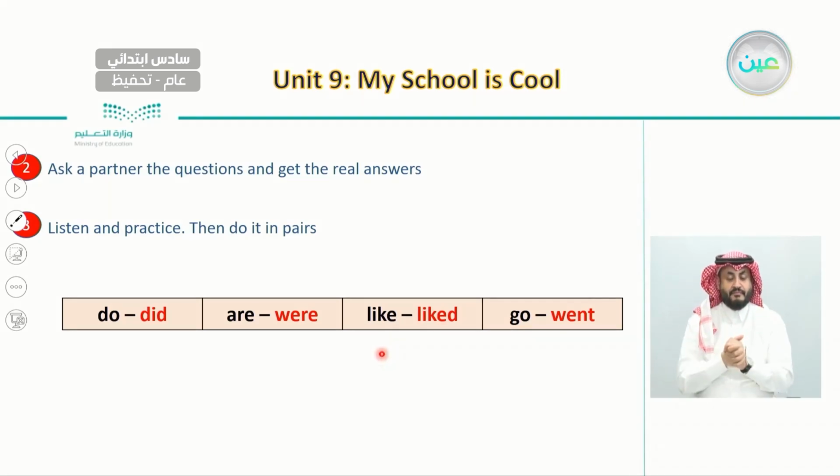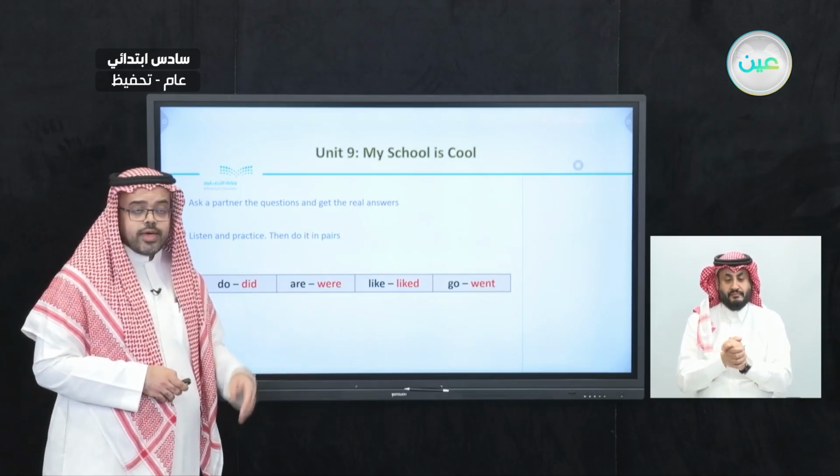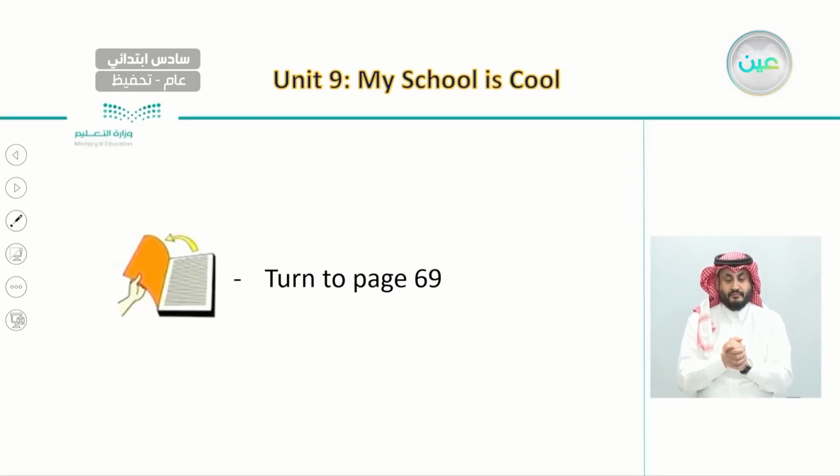Like, liked. And finally, go. Go in the present tense and in the past tense is went. Go, went. So these are 4 examples of verbs that we use in the present and also in the past.